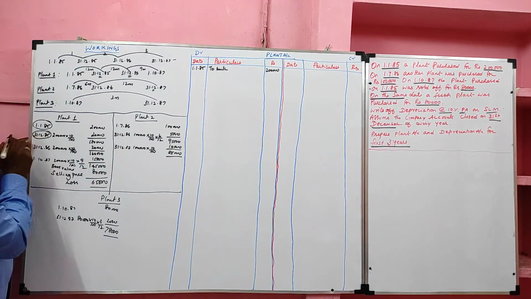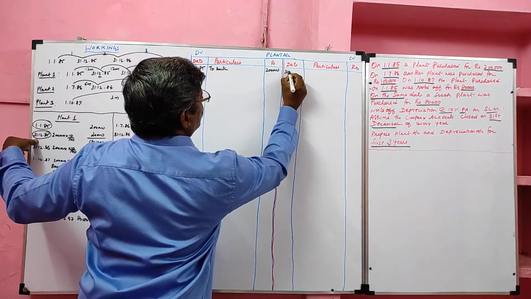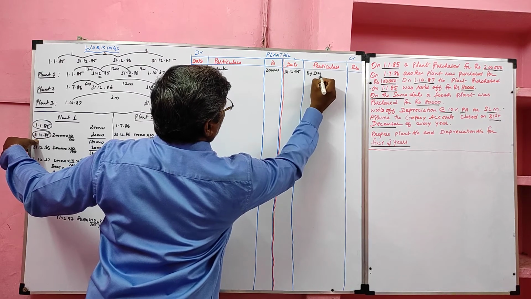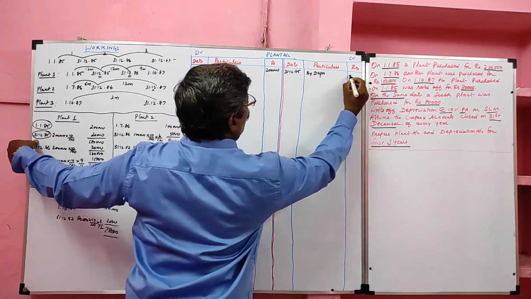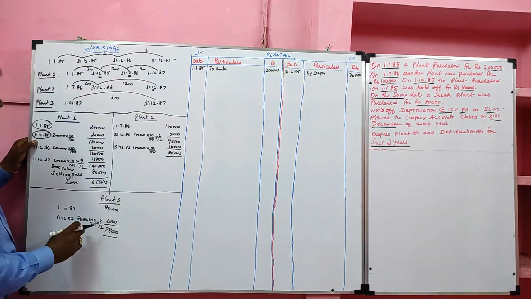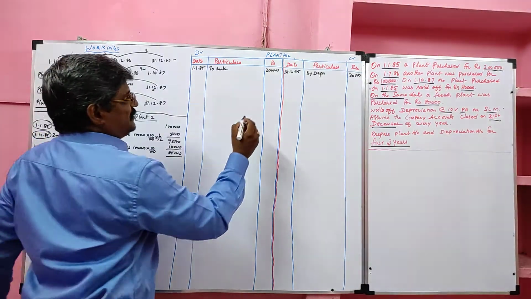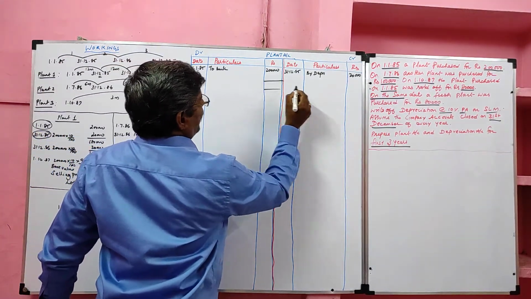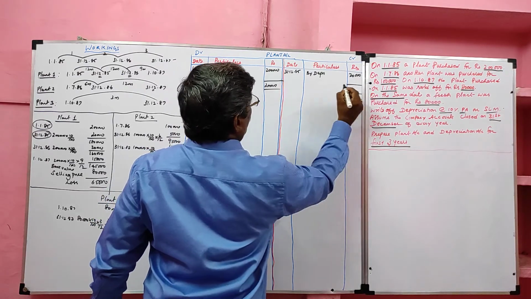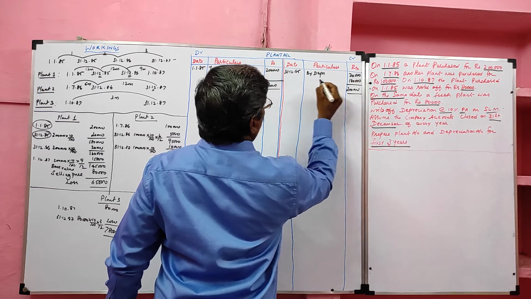Here on 31/12/85 they have to provide depreciation, by depreciation 20,000. In the second plant and third plant there is no 1985 transaction, so we have to close this year's ledger. 2 lakh minus 20,000 equals 1,80,000.